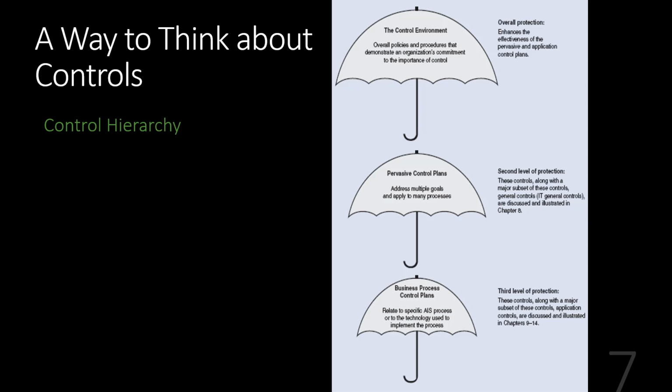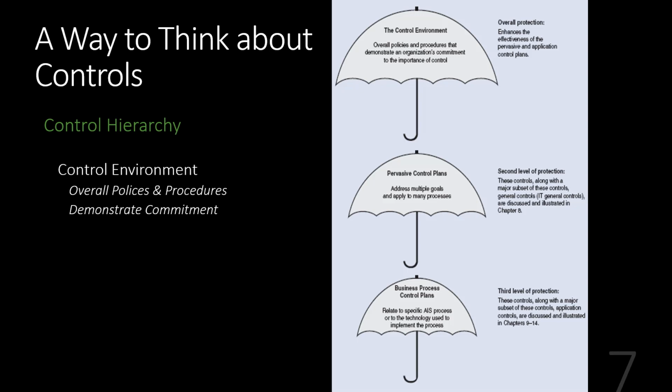So we start off with what we call the control environment, and this applies to the whole organization. All the policies, all the procedures that show the organization's position with regard to internal controls and their commitment to internal controls. All right, so that's the control environment.